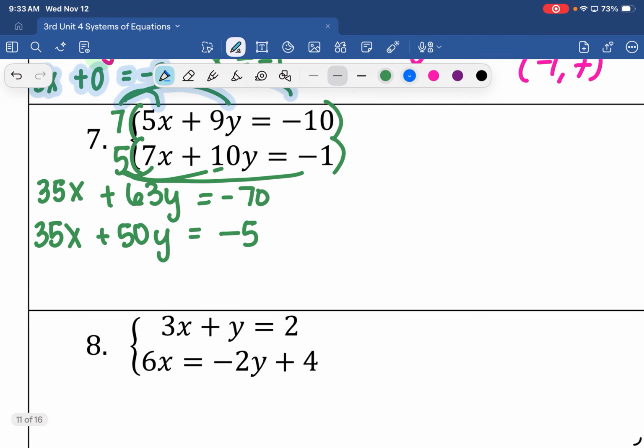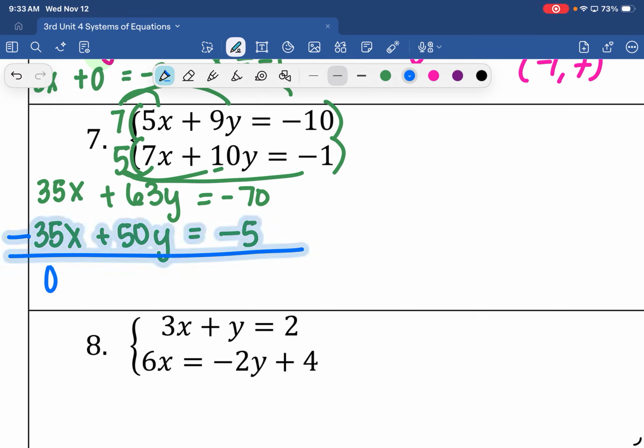All right, from here, we are going to add or subtract? Subtract. What is 35x minus 35x? What is 63y minus 50y? 13. What is negative 70 minus negative 5?